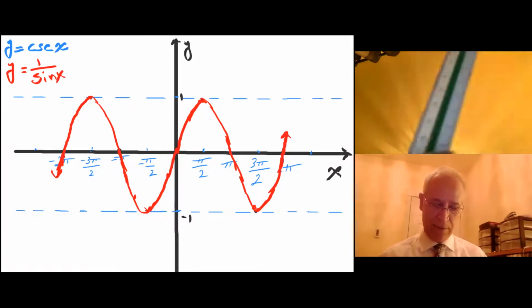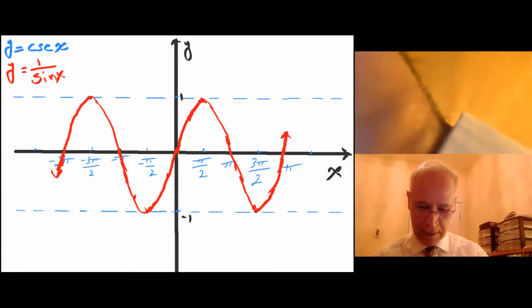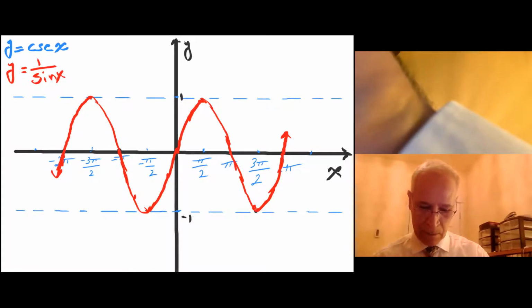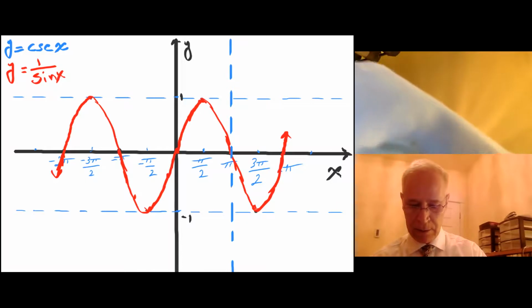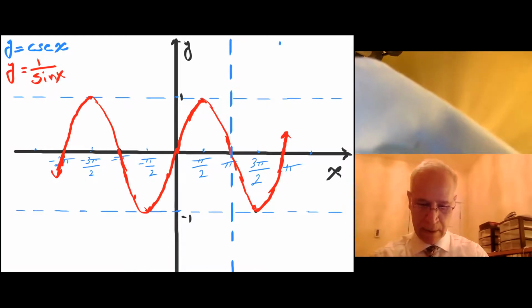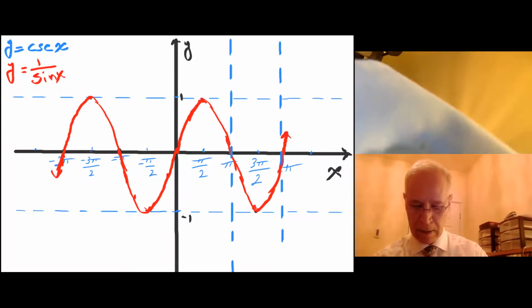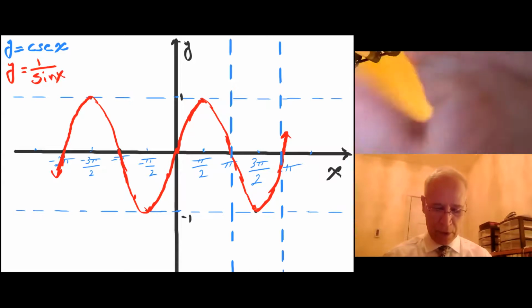So I have a vertical asymptote at pi, because sine of x is 0 at pi, and at 2 pi, every multiple of pi.